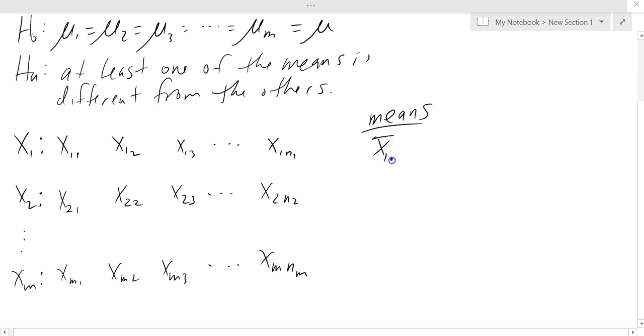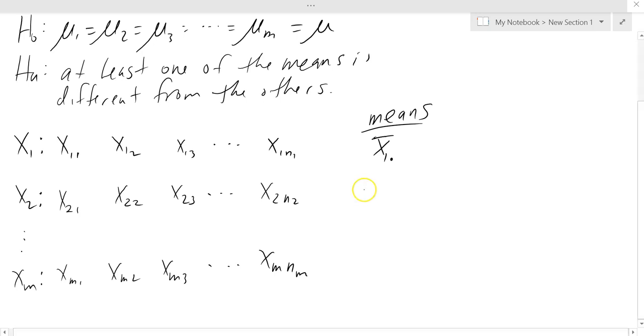They use a dot next to the 1, where the dot is representing that you are taking the mean of the first category, and you're going all the way across from 1 to N1. I don't know why X bar sub 1 isn't enough, but they want to make sure you put a dot there to talk about that you're running through all the possibilities in that one particular category.